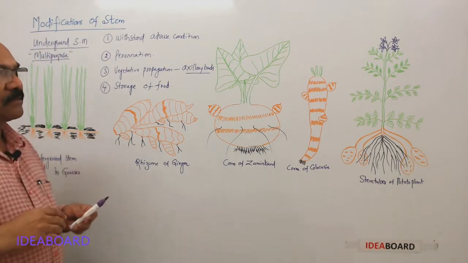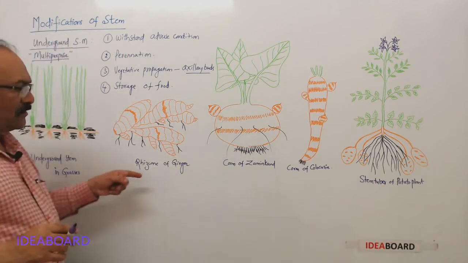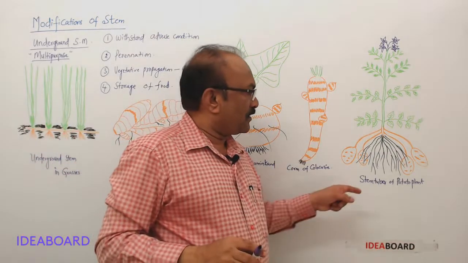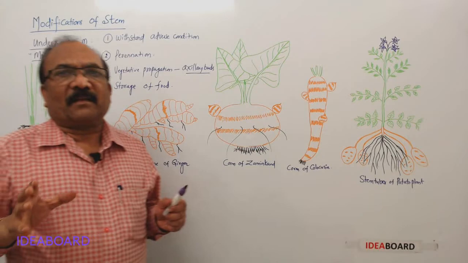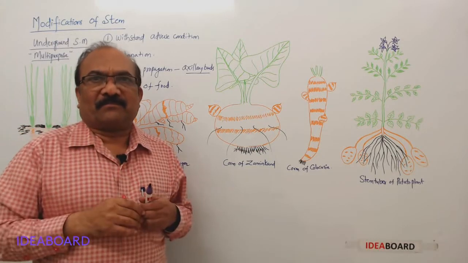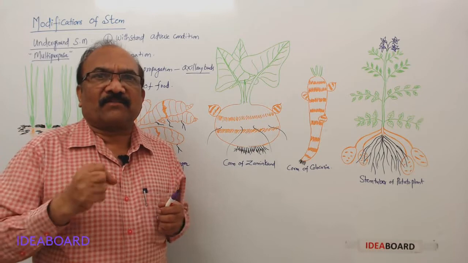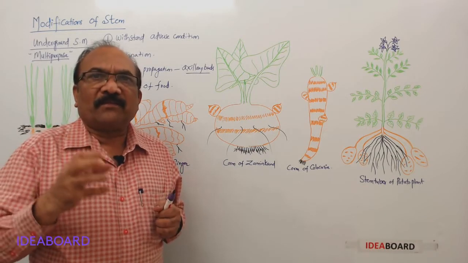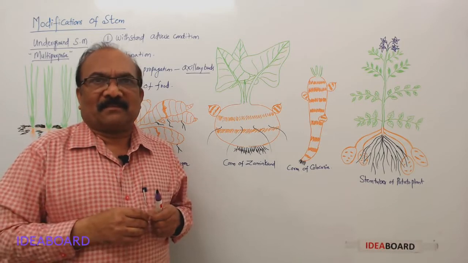Here you can see some examples: the grasses, ginger plant, zameen kand plant, colocasia plant, and potato plant. All these plants are herbs, and generally herbs have soft stems and are capable of living for one season or two seasons.